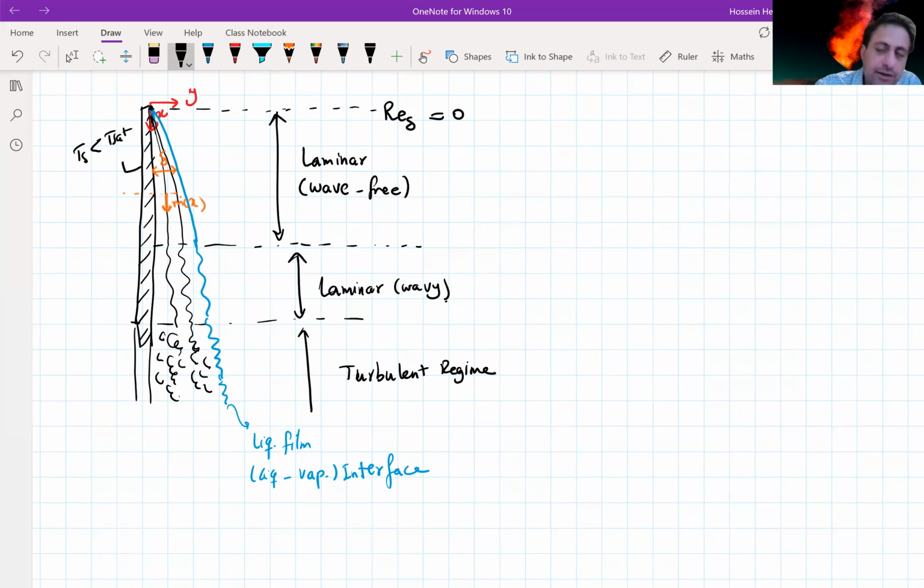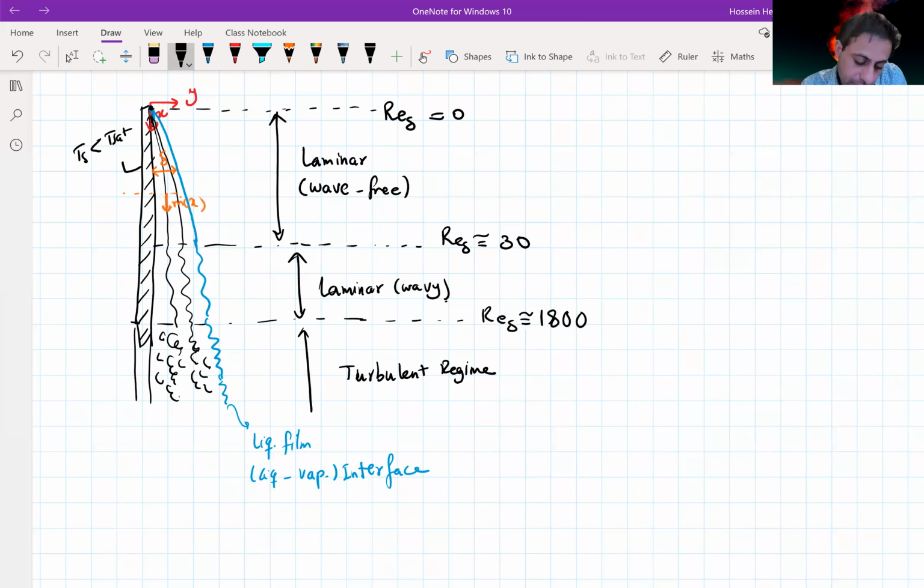Then the end of the laminar wave-free regime is a Reynolds number of delta around 30. And the wavy regime is between 30 and a Reynolds number of delta around 1800. And then below that is where we enter the turbulent regime.